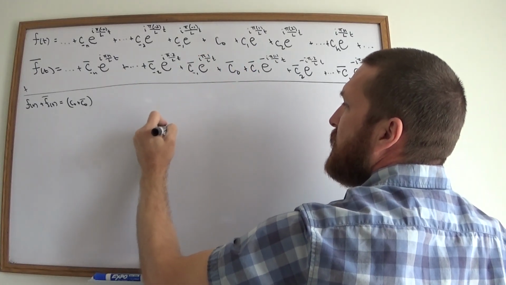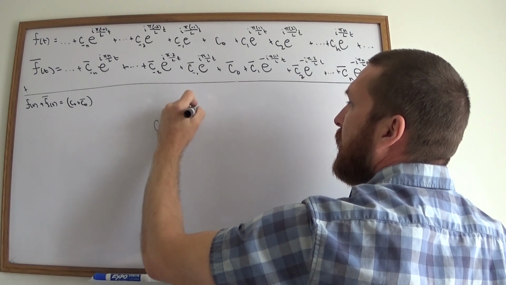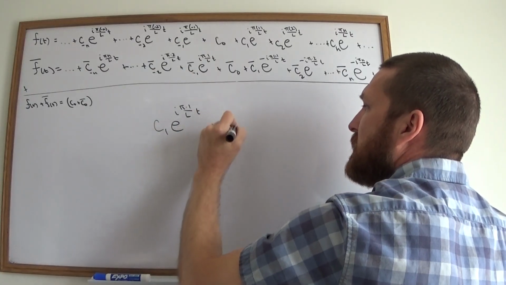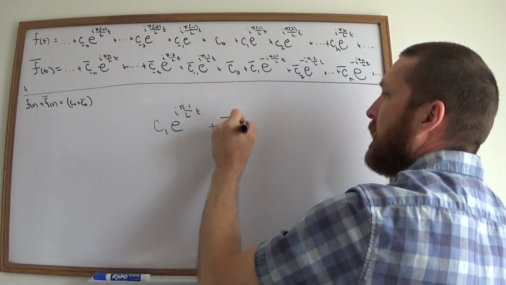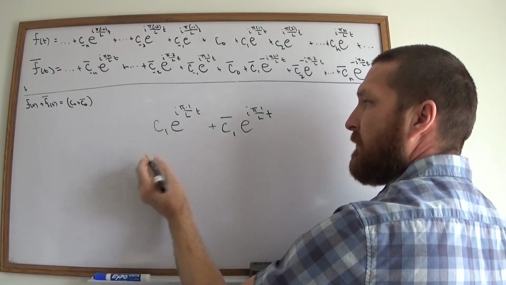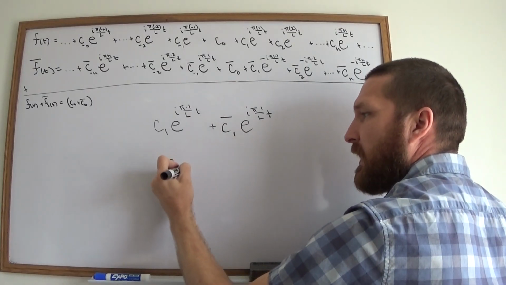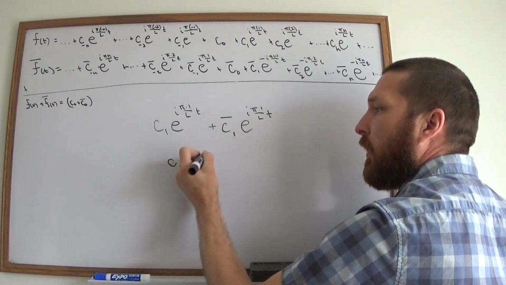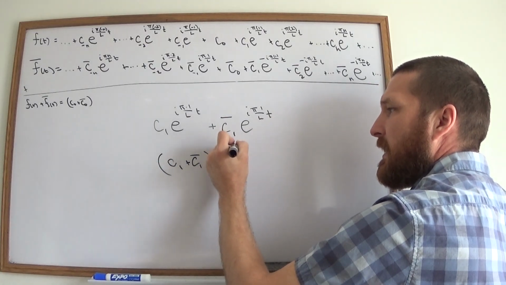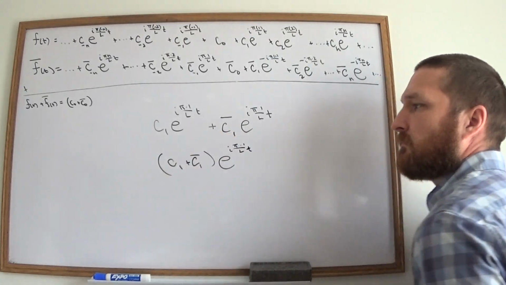Look at what I'm doing here. I'm saying that C1 e to the I pi times 1 over LT, if I take that and add that to this one, C1 bar e to the I pi 1 LT, it's the same thing. Since it has the same term there, I could pull it out. What do I get? C1 plus C1 bar times e to the I pi times 1 over LT.